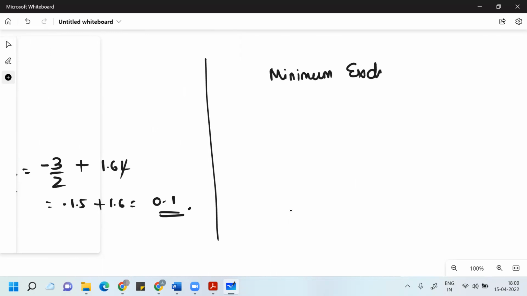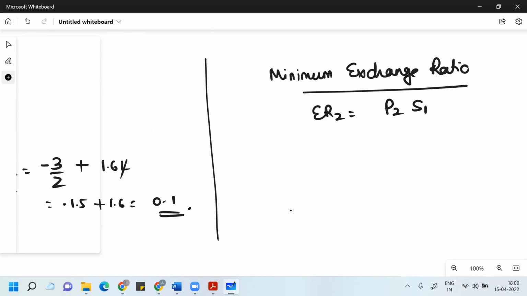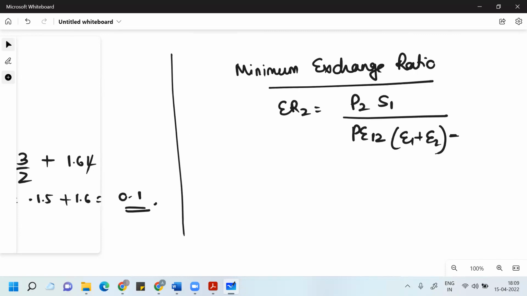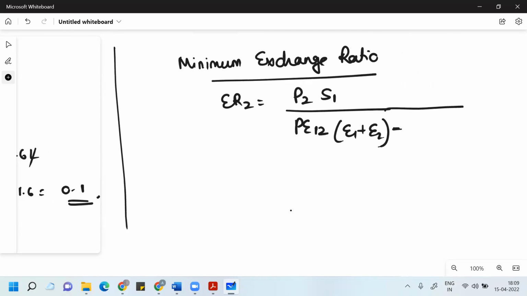The formula for the minimum exchange ratio, ER2, is P2 into S1 divided by the PE ratio of the combined firm into (E1 plus E2), minus P2 into S2. This is the formula to find the minimum exchange ratio.